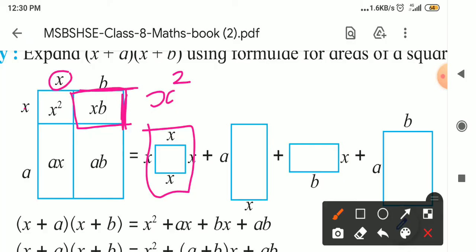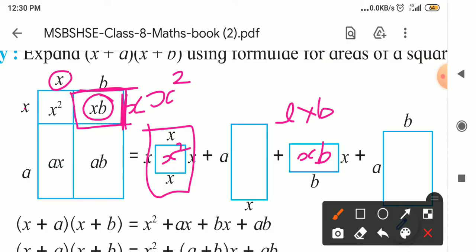So the area of the second quadrilateral is xb, length into breadth, the area of rectangle formula.